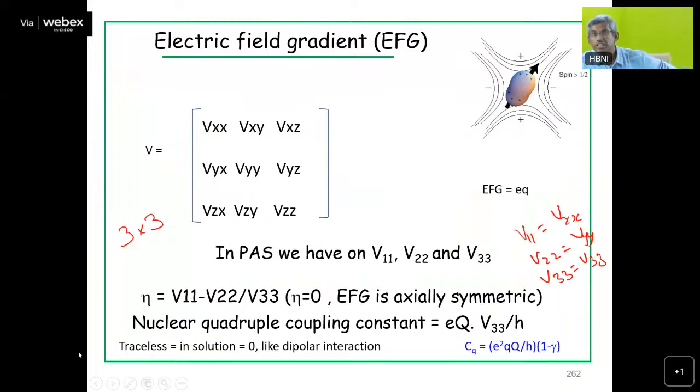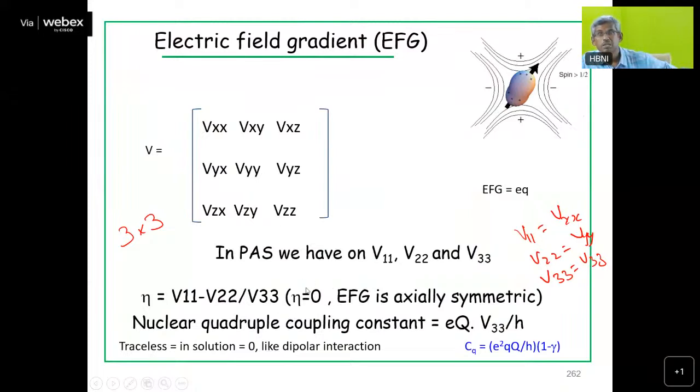So always V33 must be greater. So V1 minus V2, eta can be minus also, it can be plus also. V11 minus V22 divided by V33 is a parameter called the asymmetry parameter.